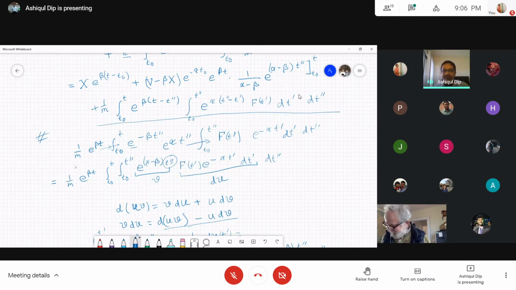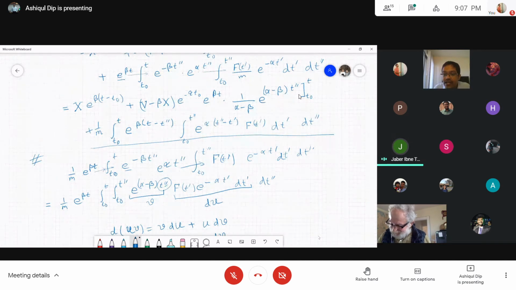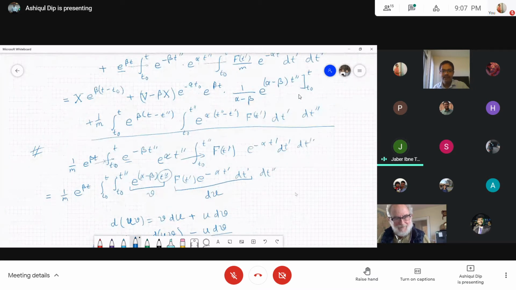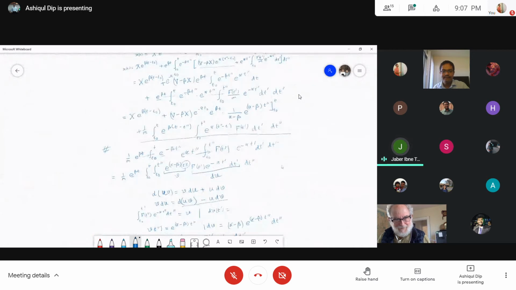Also, yeah, this is all. So let's substitute. Oh, before substituting that, what happens if we substitute these two things as well? We can put the value of alpha and beta and e to the power gamma t outside of the integral.